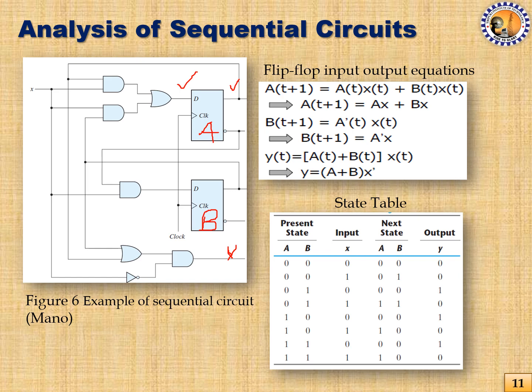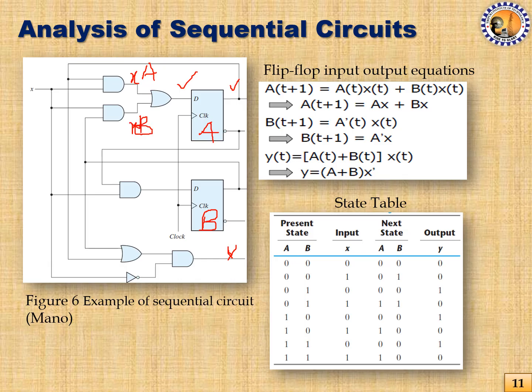Now if we see what the inputs are over here, here it is A, and this is X, so here we get XA. Similarly, here we get X, and another input is coming from B, so here we get XB.